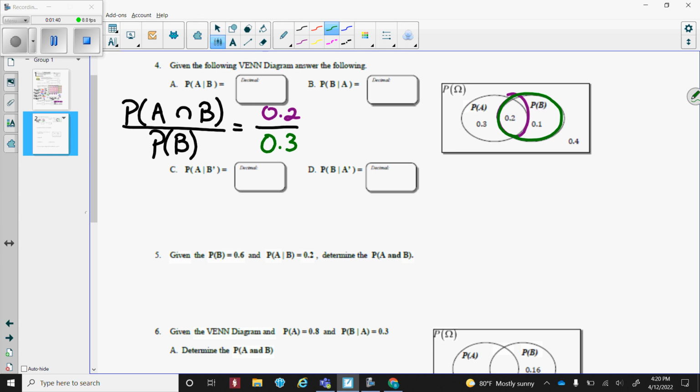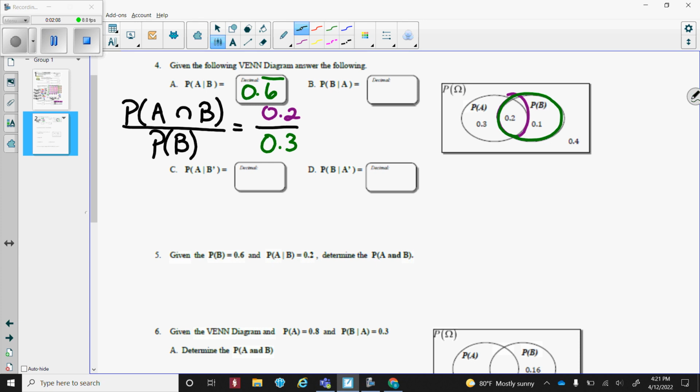On the front side of this paper, it did ask us for rationalized fractions. Here, it's asking for decimals. So we're going to take 0.2, divide it by 0.3, and we're going to get the decimal 0.6 repeating. That bar on top means that that 6 goes on forever, 0.66666 over and over and over again.